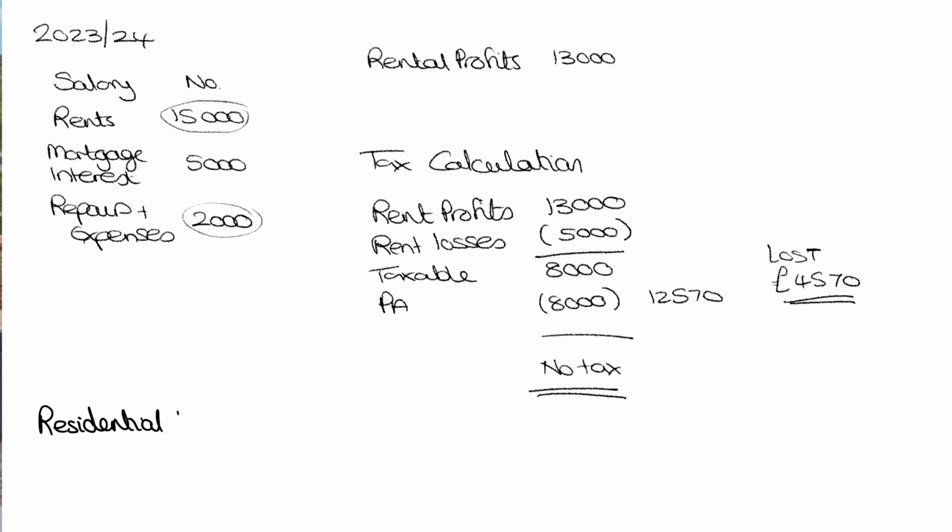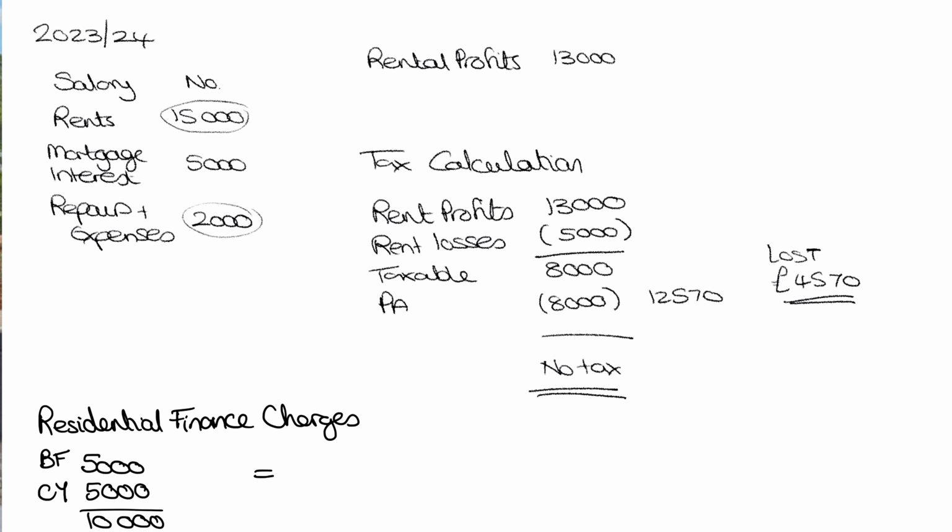Our residential finance charges, we've got 5,000 brought forward. We've got the current year of 5,000. So now we've got 10,000 we have not used, which means our carry forward figure is going to be 10,000.